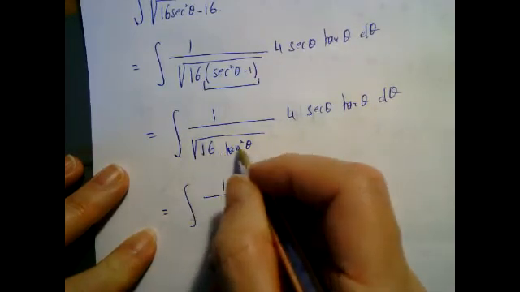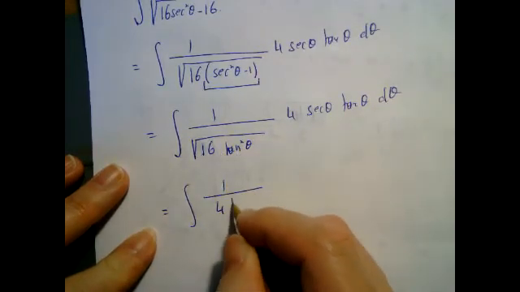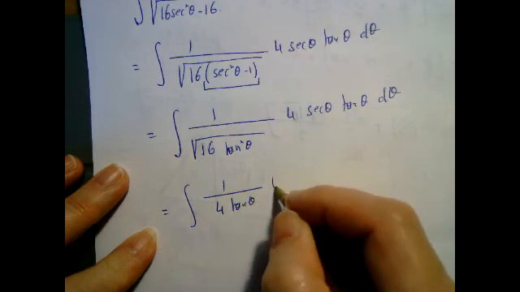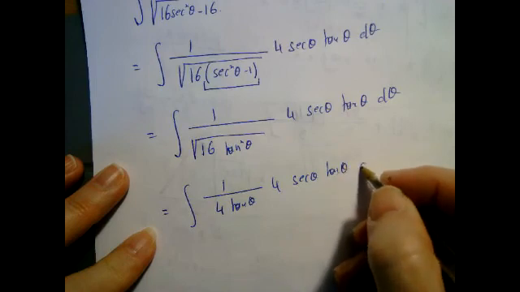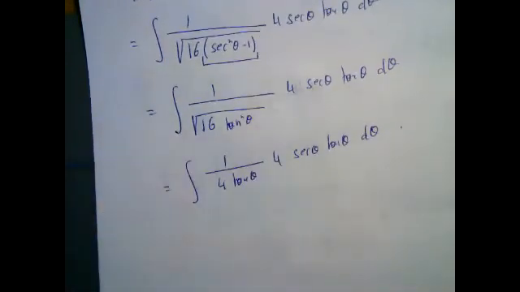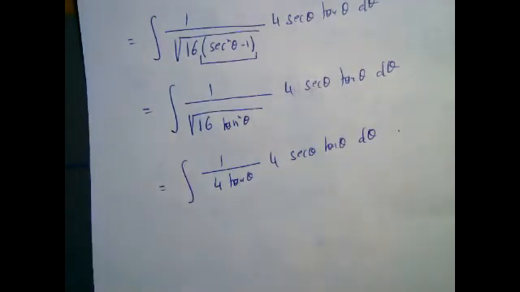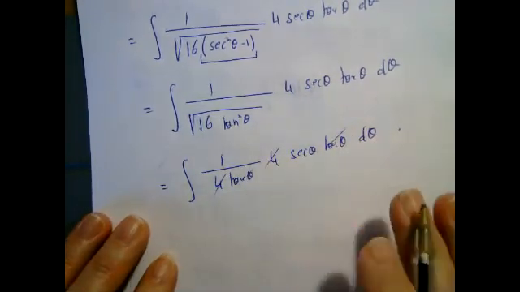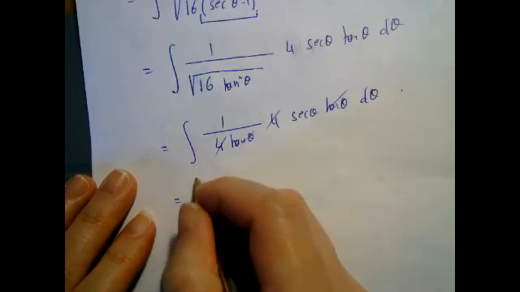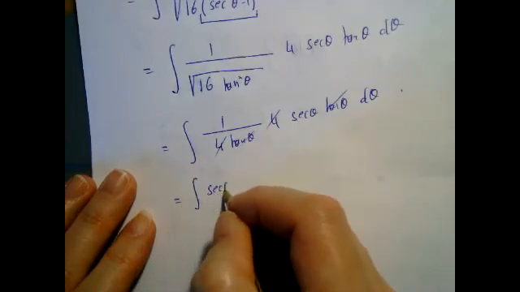That's 16, that will give me a 4 tangent theta, 4 secant. Okay. And now the problem simplified, the 4 and the 4 go. Tangent and tangent simplify, and now I will have secant only.